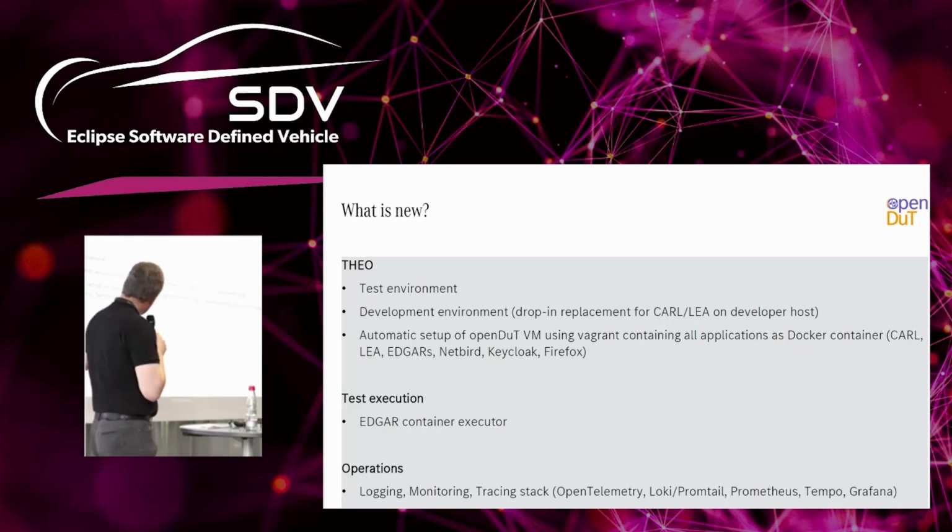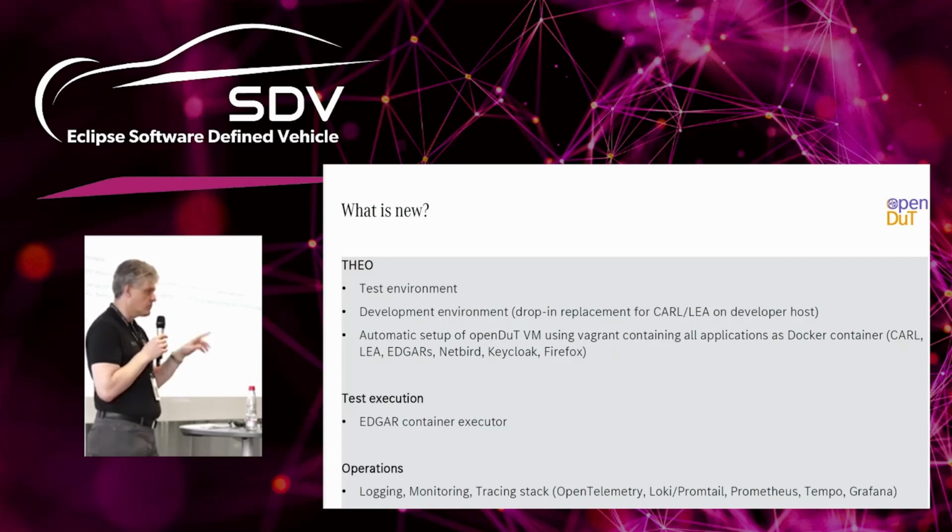Then another feature was the test execution or test executor. Edgar was extended to launch different containers like Docker containers, Podman containers, and you can configure those containers in the front end as well.